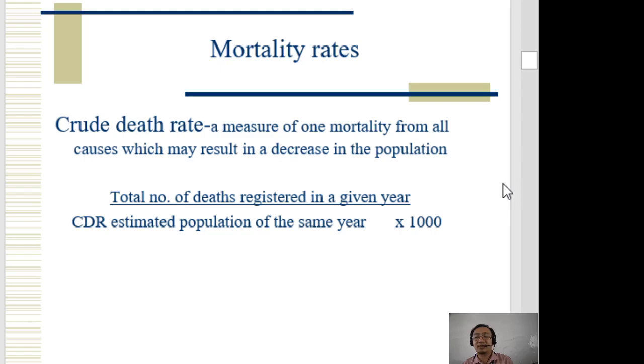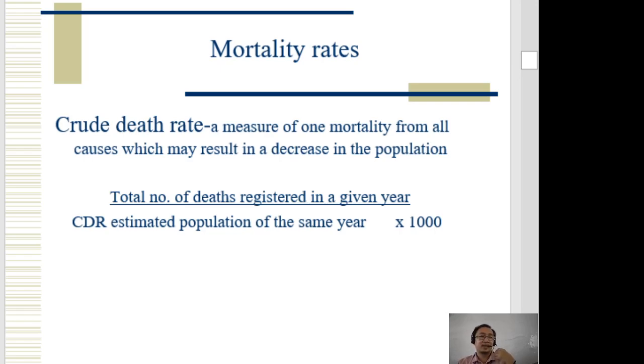And as I mentioned, other factors affecting crude death rate are environmental and occupational conditions, and also age and sex. Meaning, age is affecting the death of a person. Sex is affecting the death of a person.